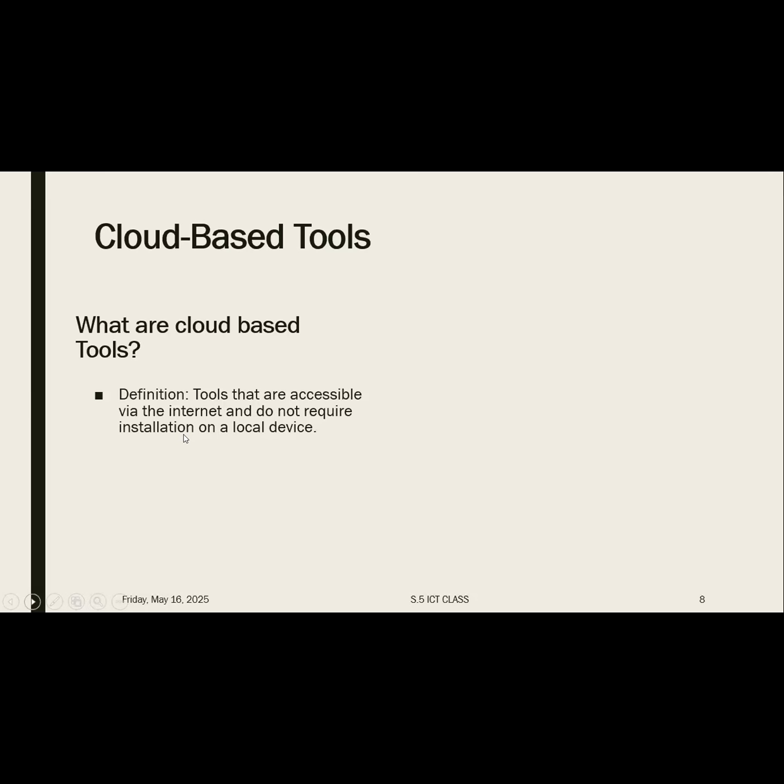Those are what we call the cloud-based tools. You can only access them through the internet. And here, the main ones we are going to concentrate on are Google Slides, Microsoft PowerPoint Online, and Canva. Once we master those three, then we shall have attained the lesson objectives.